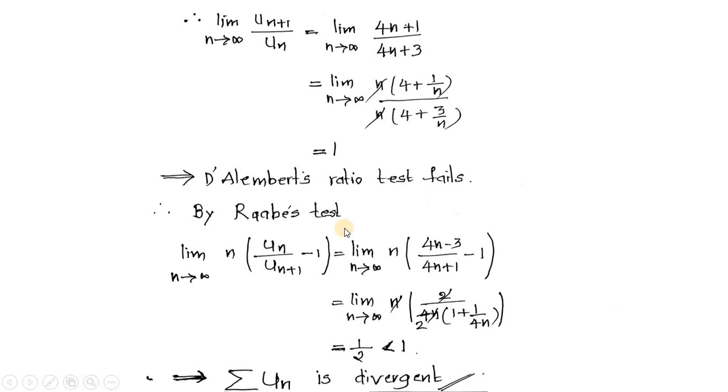Therefore, we apply Raabe's test. That is, the limit of n into (un by un plus 1 minus 1) as n tends to infinity equals the limit of n into (we substitute the values of un and un plus 1 here) minus 1, and simplifying the whole thing, we'll have 1 by 2, which is less than 1, which implies that sigma un is divergent.